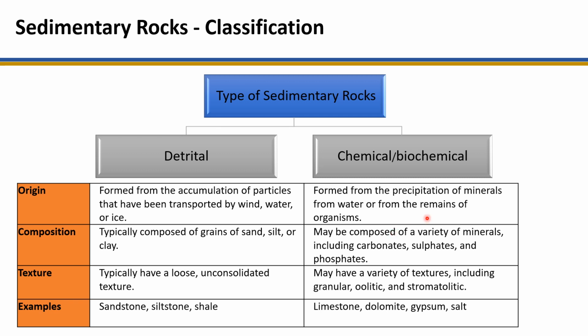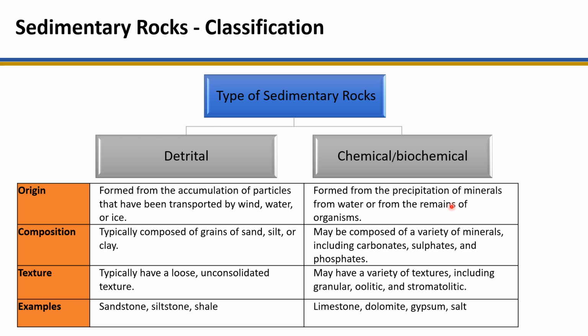The composition of chemical sedimentary rocks depends on the dissolved minerals in the water from which they precipitate. For example, a chemical sedimentary rock that precipitates from seawater will be limestone.